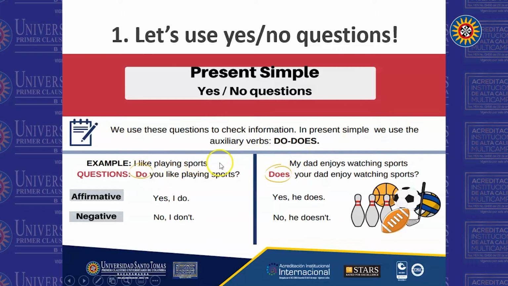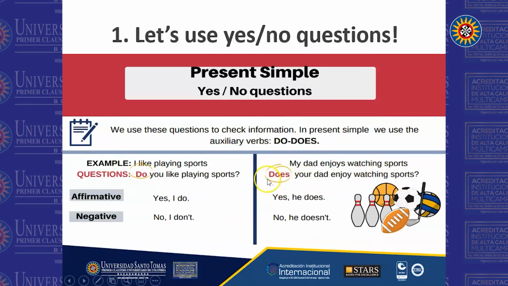First, I like playing sports, right? That is a sentence. If I want to make a question, I say, do you like playing sports? I use the auxiliary do because we have the pronoun you, right? The person you. My dad enjoys watching sports. Does your dad enjoy watching sports?